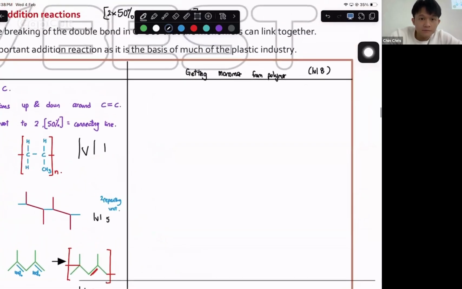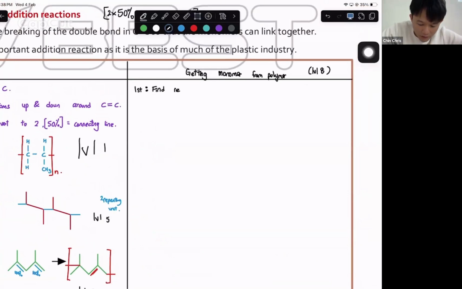All right, let's go. First step, I want you to find your repeating unit. Your repeating unit will always be from the backbone.